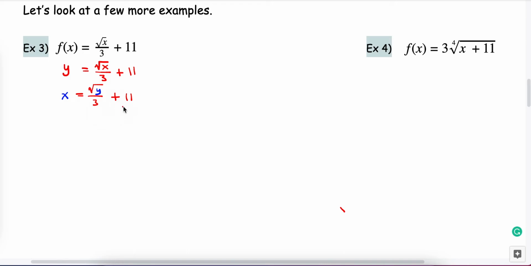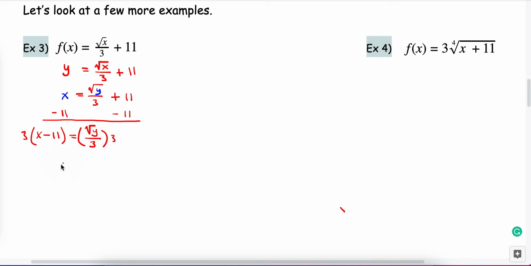So once again, we're going to subtract 11 from both sides, right? This is already, I hope, familiar to us. x minus 11 equals the square root of y over 3. Now we need to multiply both sides times 3.